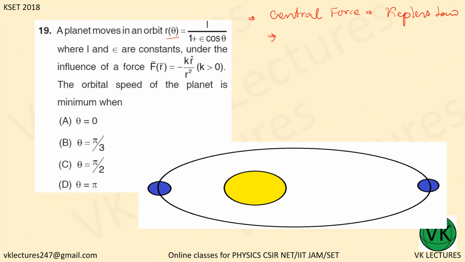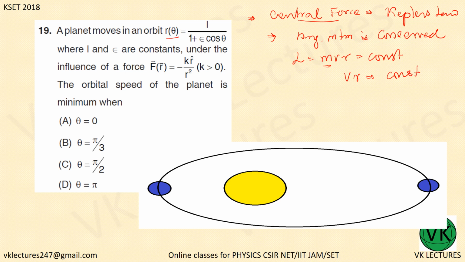Now in central force there is one more property. Angular momentum is conserved. Angular momentum conserved means L is equal to mvr, which is equal to constant. Now since mass is constant, we can write v into r equal to constant.